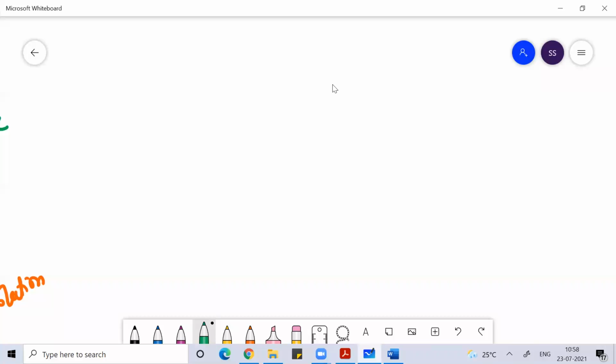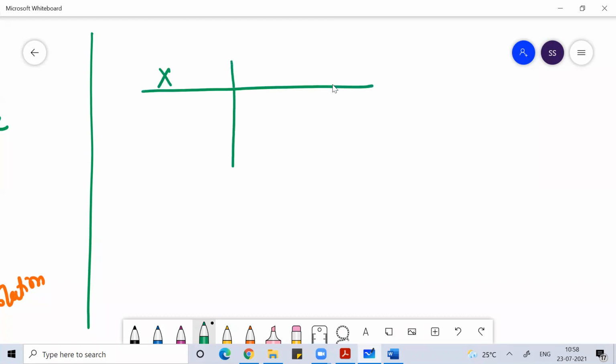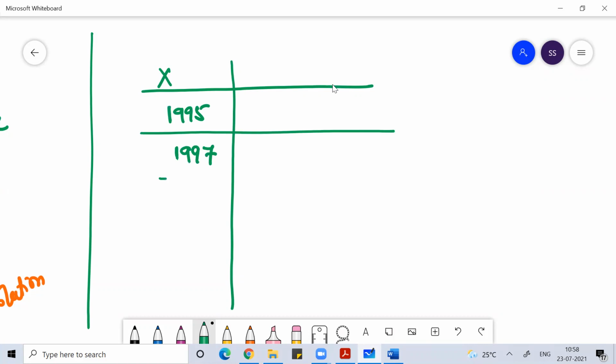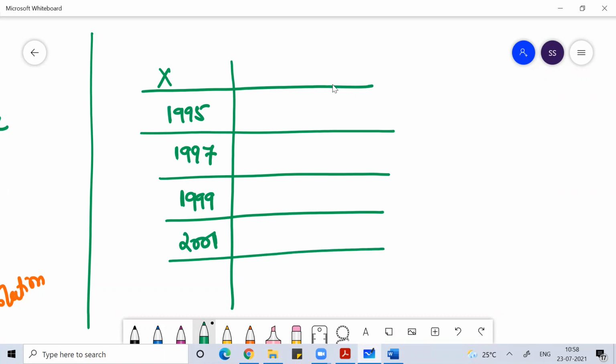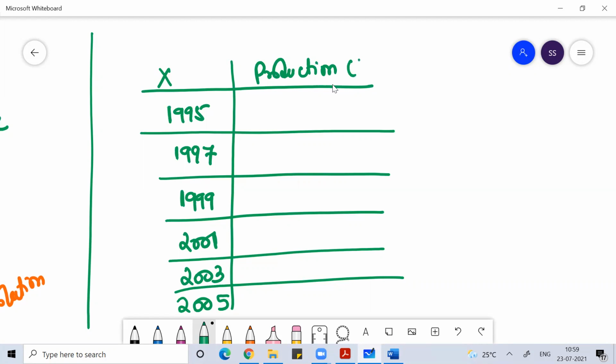Now, if I write down this question, guys, the same question I'm writing here. Your year is basically your independent variable: 1995, 1997, then 1999, then 2001, then 2003, then 2005, and then production in thousand tons.